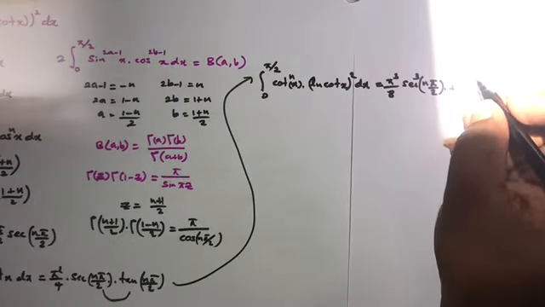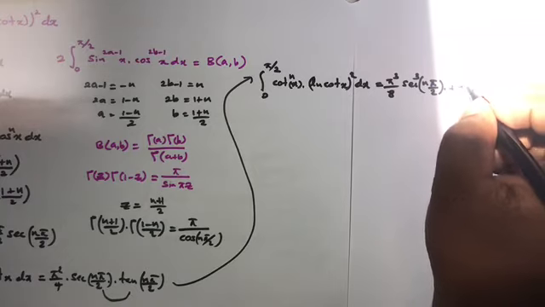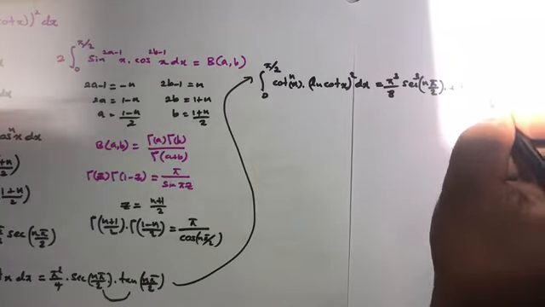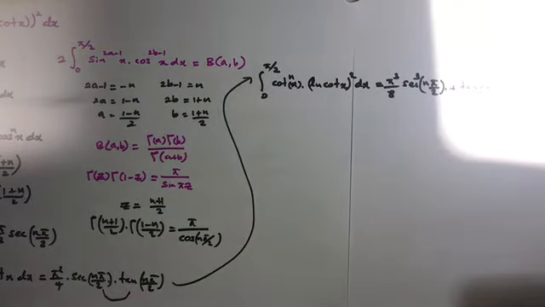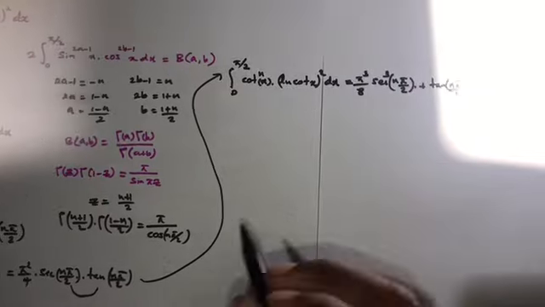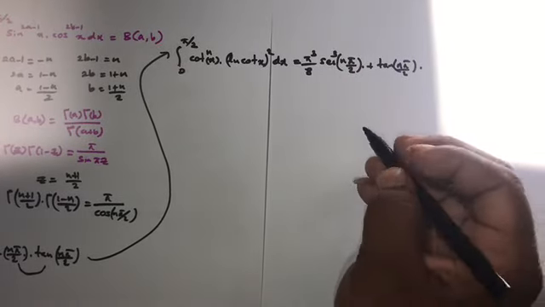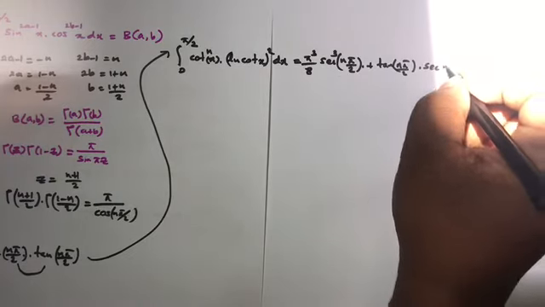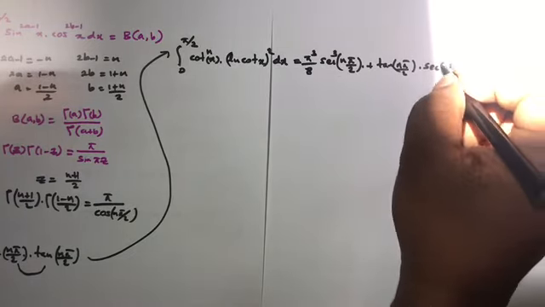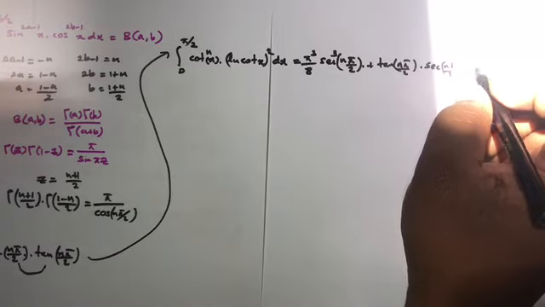Plus, then I'm going to rewrite tangent n pi over 2 times the derivative of secant. We know the derivative of the secant function, secant of n pi over 2, is secant of n pi over 2 times tan of n pi over 2.